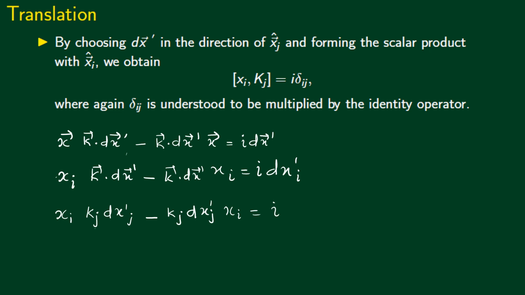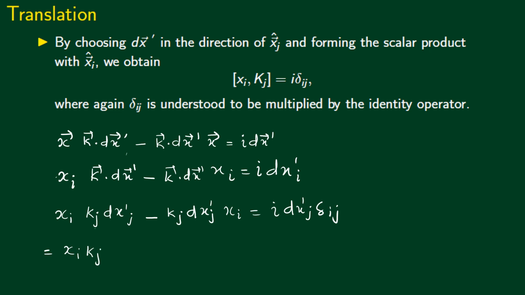Right, now this dx prime i can be written as dx prime j delta ij. Okay, you can check if this is true. There's a sum over j. If I carry out the summation, the only term that survives is the one for which j is equal to i. Right. So when I carry out the summation, I'll get back this dx prime i. Right. So now this can be written as, okay, this is x_i k_j. Right.